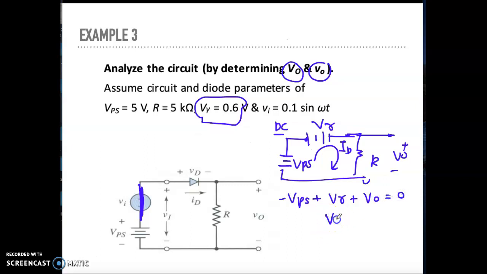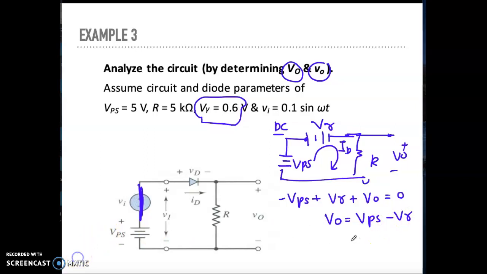Then you can get V out is actually VPS minus V gamma. Here, 5 minus 0.6 is actually 4.4 volt. So this is the value of your V out during DC analysis.